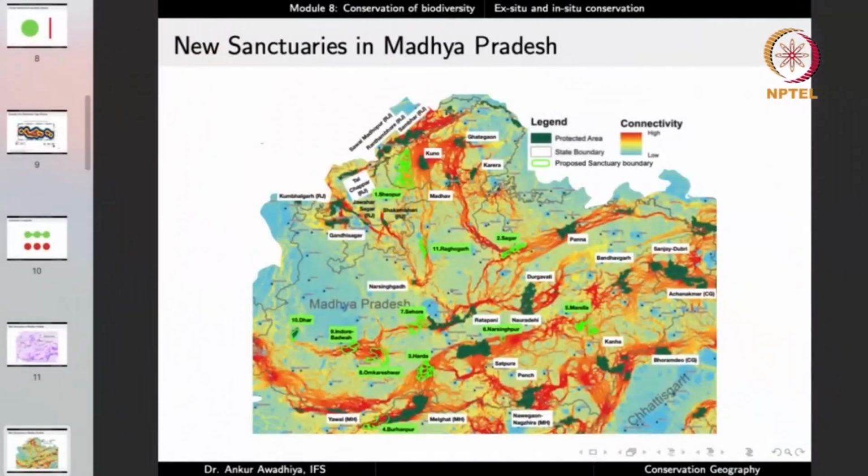The sanctuaries will be providing them with lots of employment, mostly through tourism, plus lots of ecosystem services, without having any negative influence on their rights. So this is how the things play in the practical context.